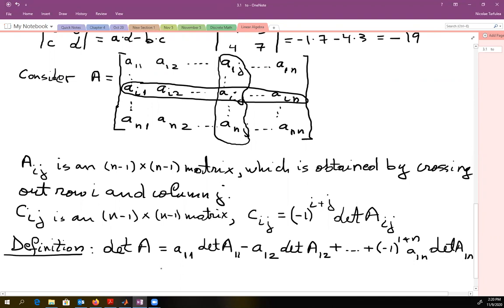Okay, if you want, you can write this in a more compact way. You can say this is the sum from j equals 1 to n of (-1) to the 1 plus j of A1j times the determinant of A1j.